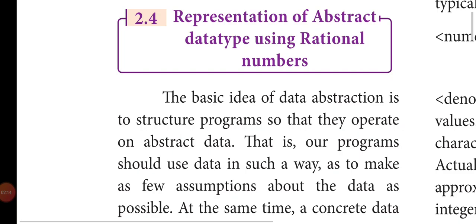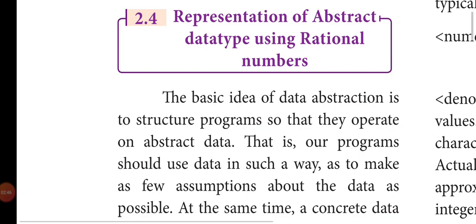A few assumptions here: when you are going to use the abstract data type, it won't have the details, but when you use a concrete data representation, it tells about all the information, what are the things we have to do in that particular object, what we are going to use in that particular object.